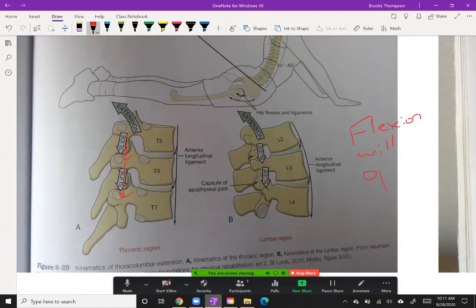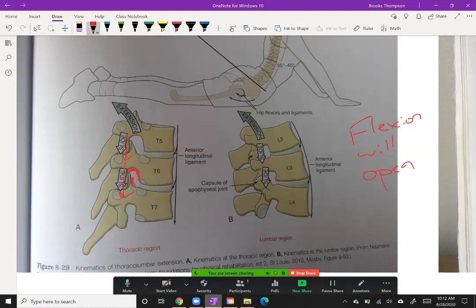Flexion will open your facet joints. And that'll matter because, well, if someone has stenosis, which again we'll talk about in the next video, which is where you have bone growth in these holes, osteophytes growing, so we're reducing that. So those nerve roots are getting pinched when someone has hyperextension. So then we need to get the patient out of that hyperextension and get a little more flexion in the spine to take some pressure off those nerves.